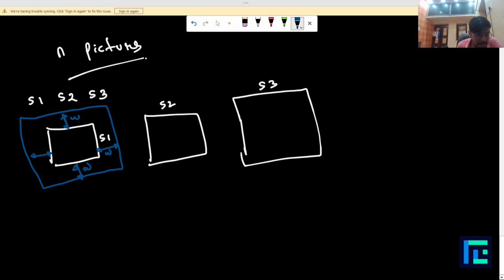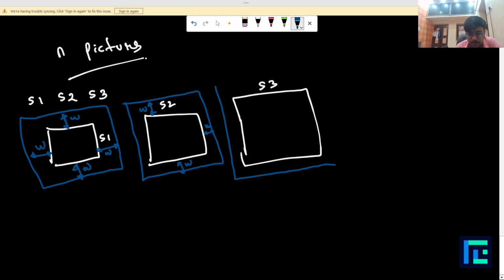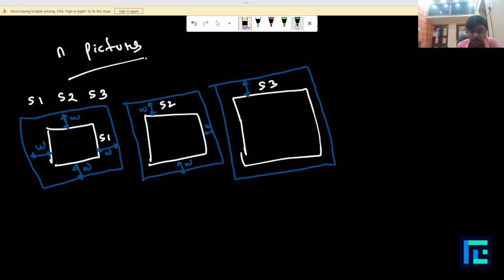Now the interesting part is, you are mounting all the pictures separately on a cardboard, and for every picture the border is W. For this picture as well the border is W. So these all are W.